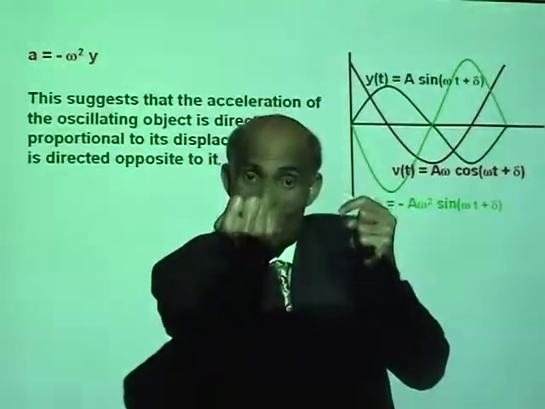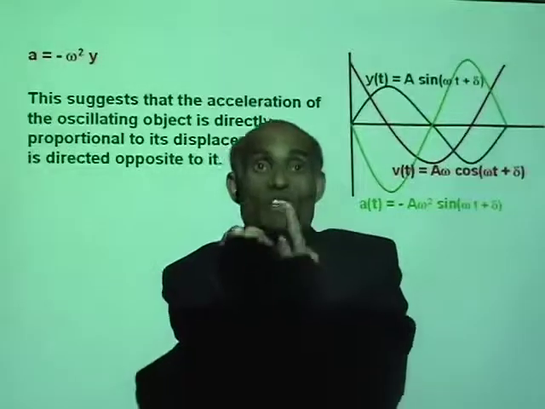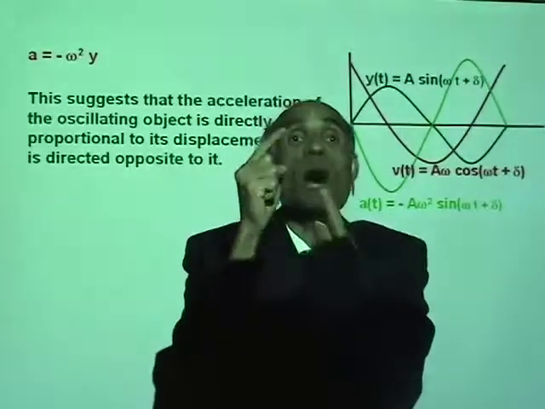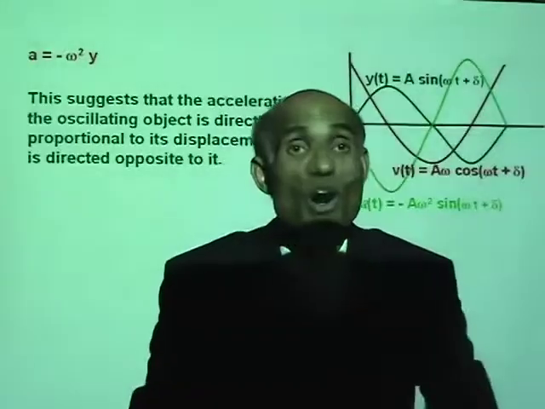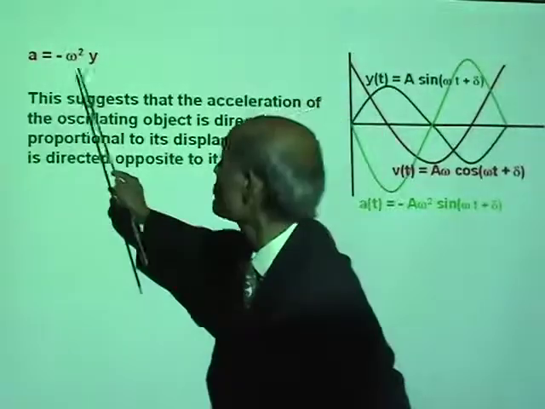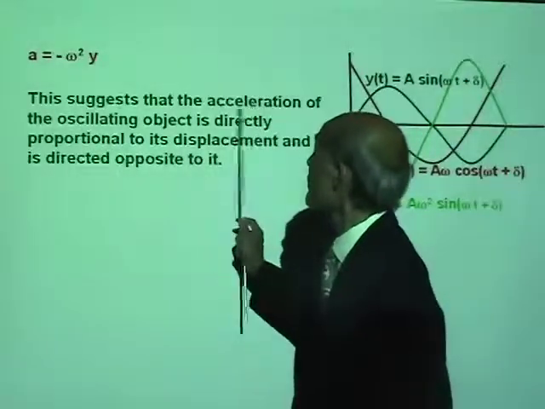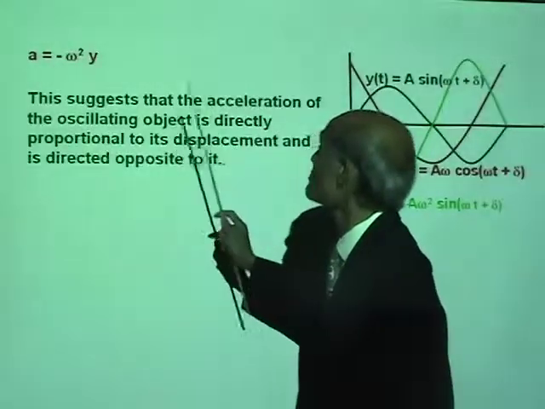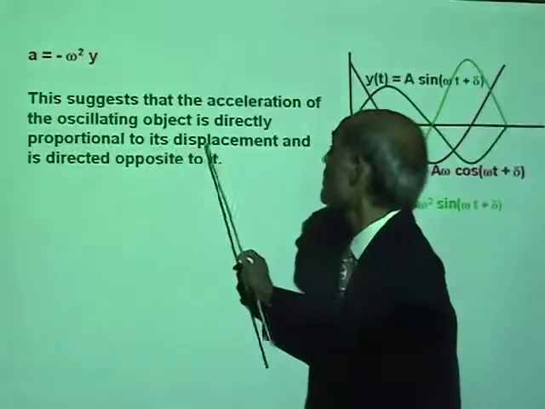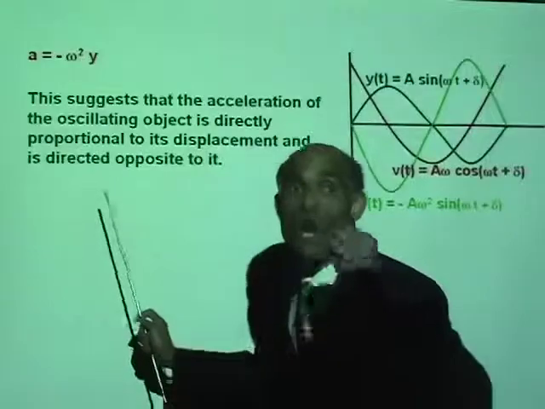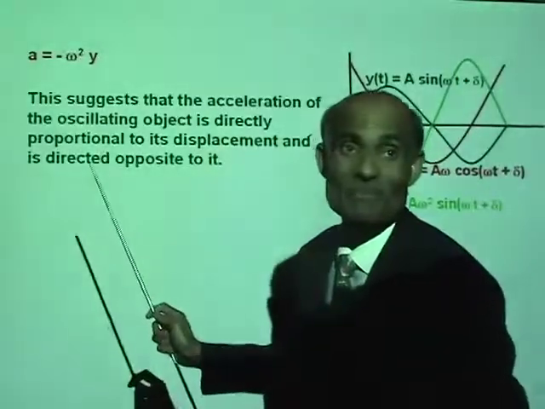As y increases downward, the acceleration is upward. The direction of acceleration is always opposite to the direction of displacement. That is what this negative sign says. So watch the sentence again. Acceleration of the oscillating object is directly proportional to the displacement and is directed opposite to the displacement.